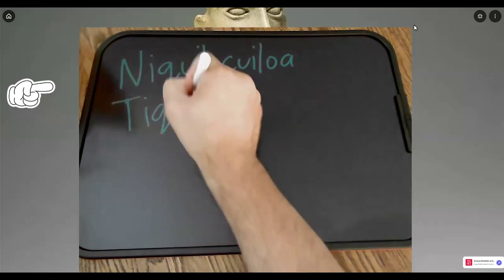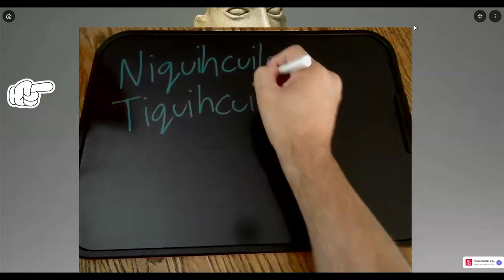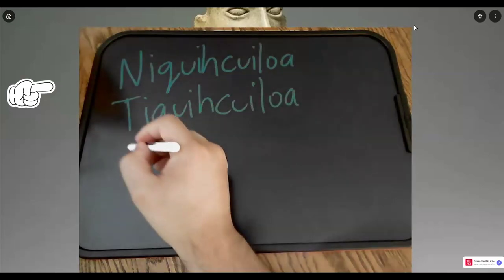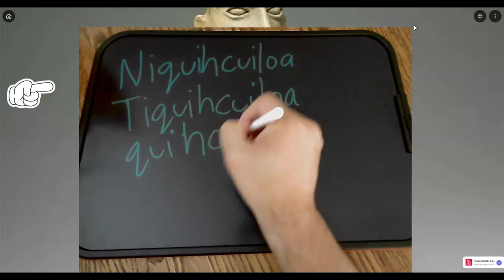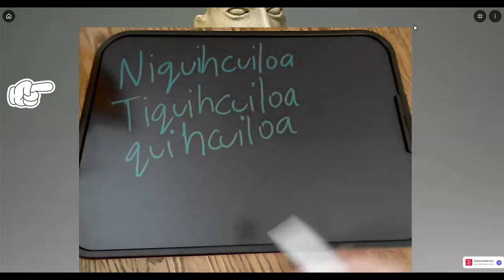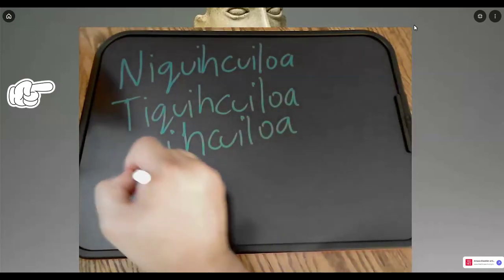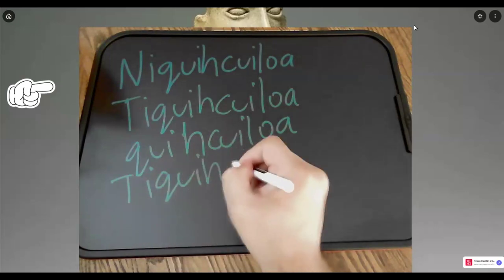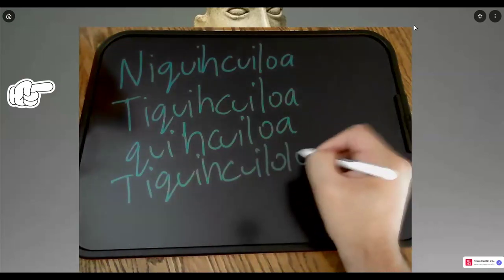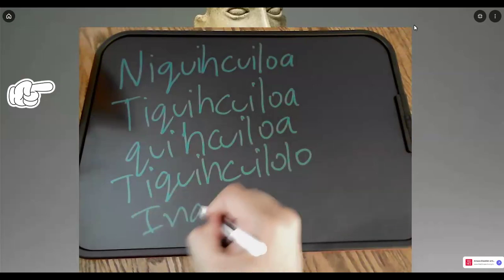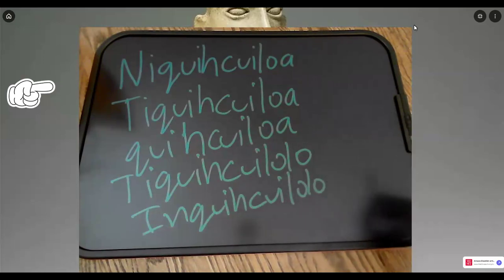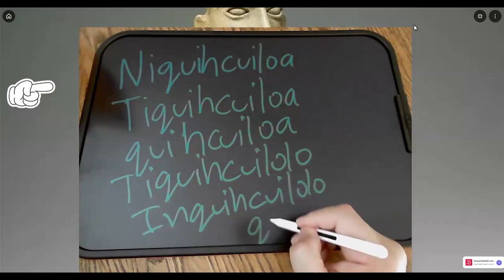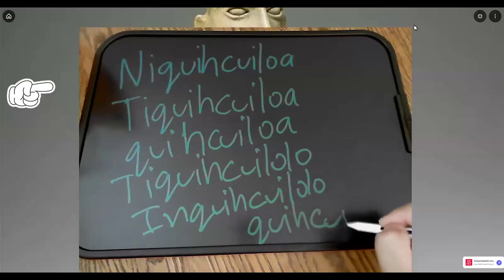Ti ki qui loa. And then ki qui loa. Ti ki qui lolo. In ki qui lolo. I'm writing out a space here. And then ki qui lolo.